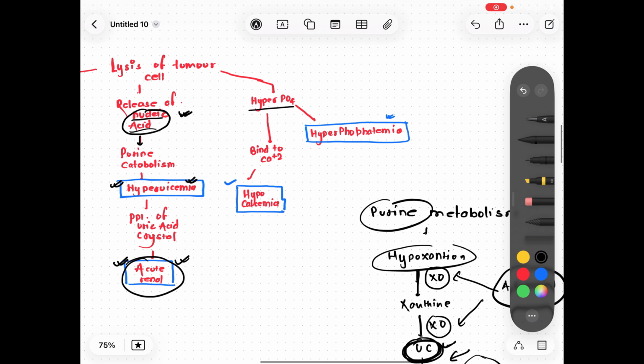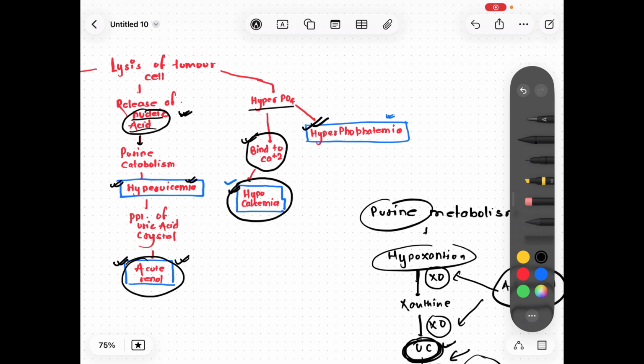Now coming to the last one, that is hyperphosphatemia. The tumor cell lysis releases lots of phosphorus, leading to hyperphosphatemia. This excess phosphate binds with calcium to form calcium phosphate complexes, which finally leads to hypocalcemia.